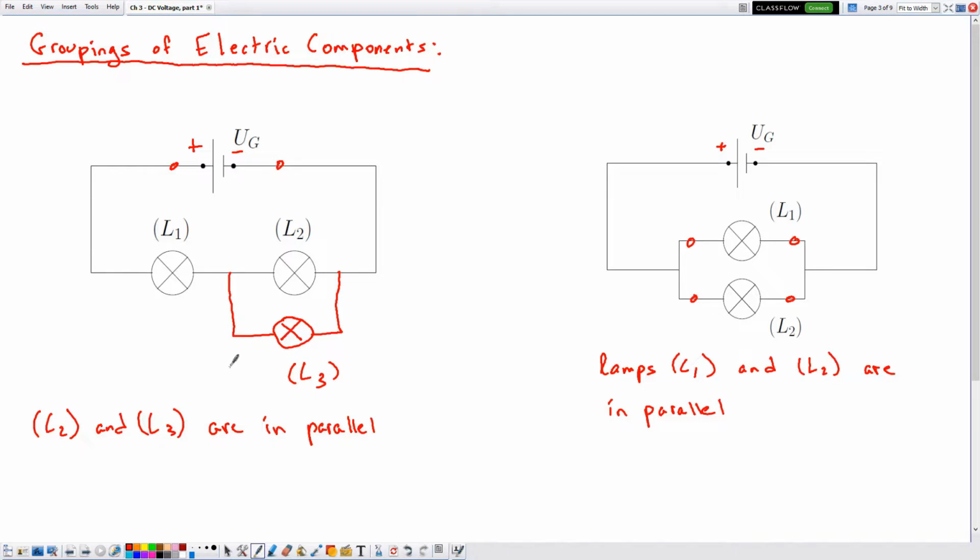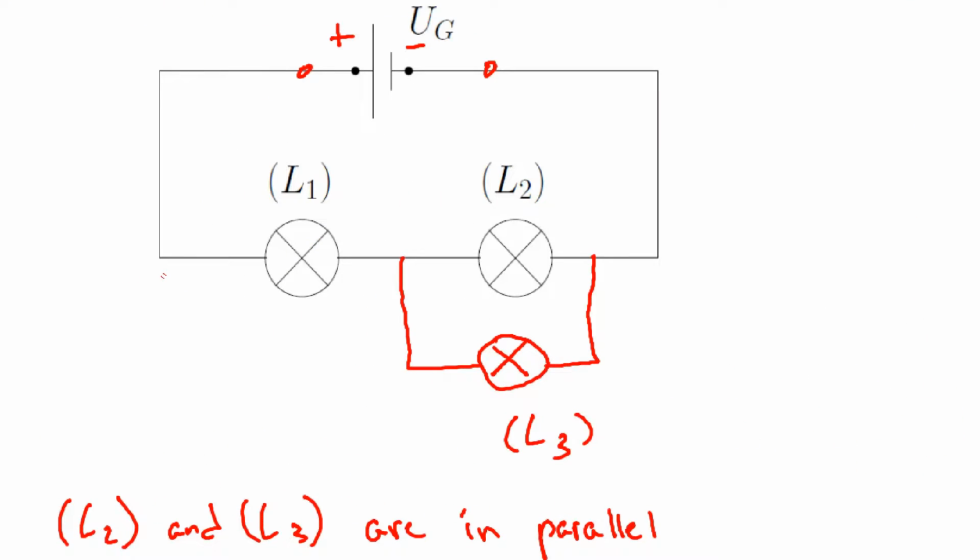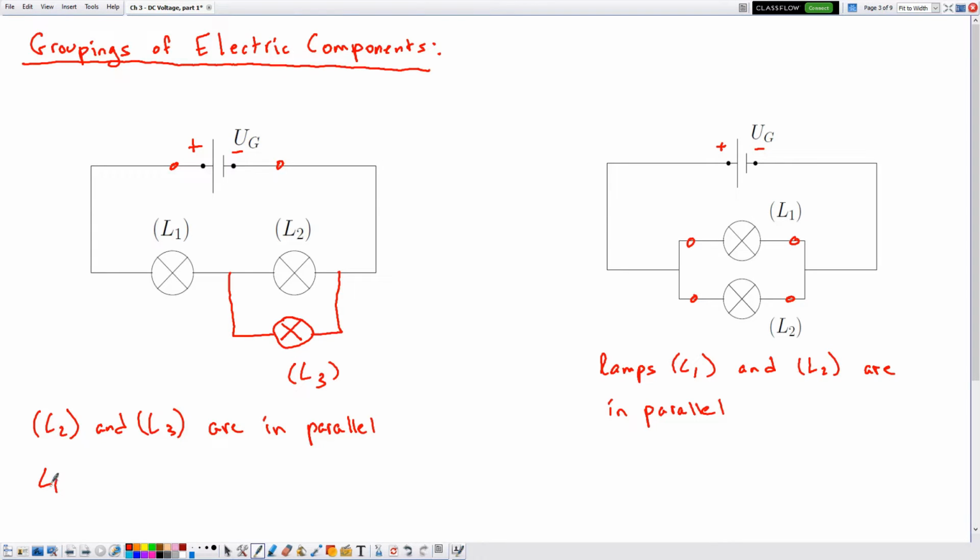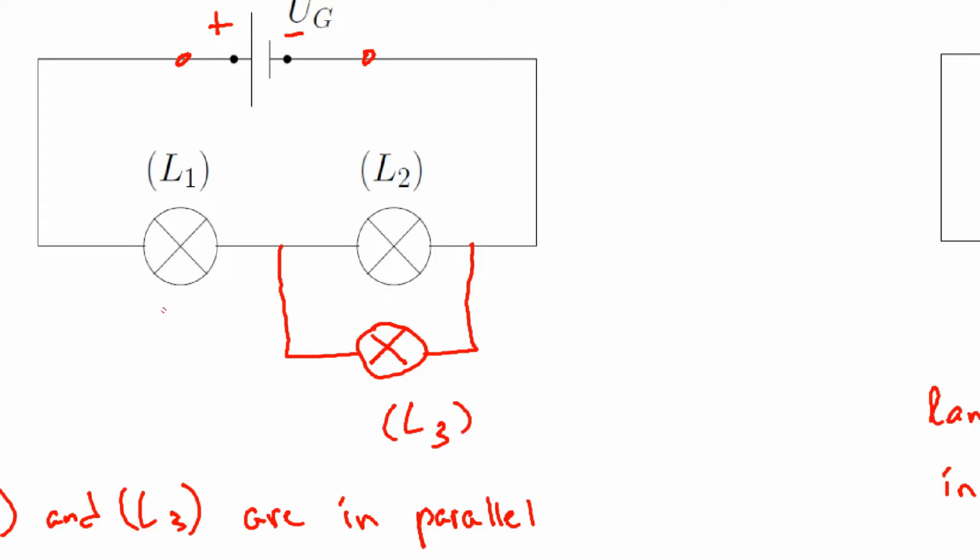But now, we cannot say that the lamps L1 and L2 are in series, although the lamps L1 and L2 have one terminal in common, which is this.